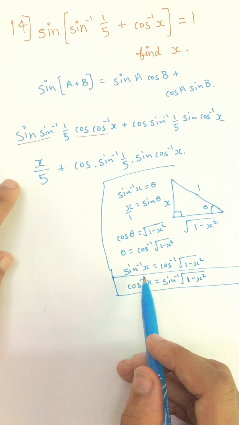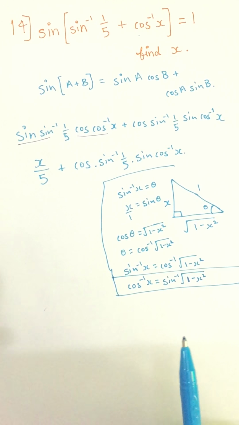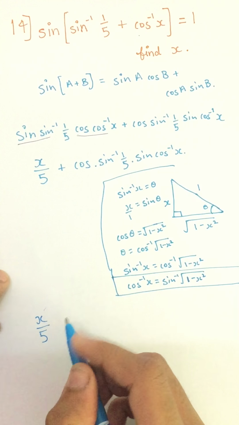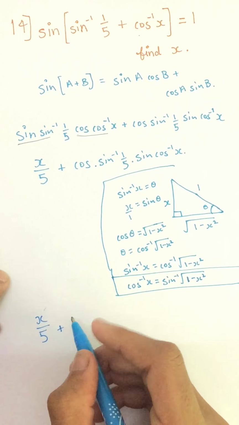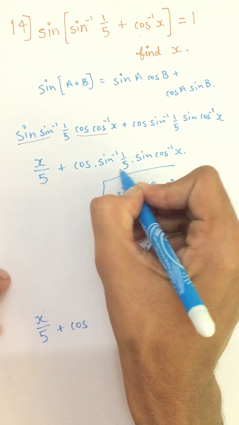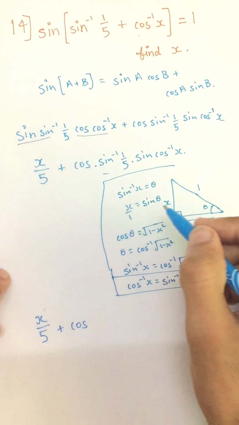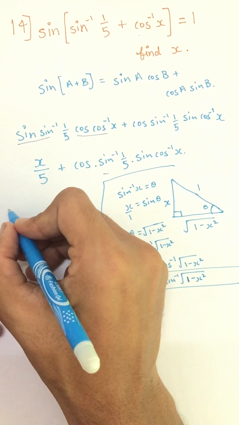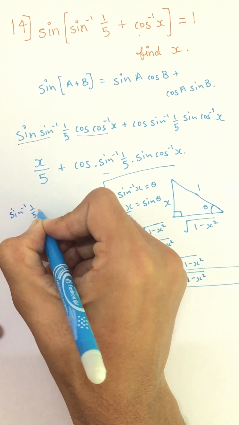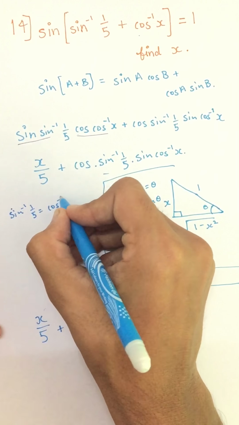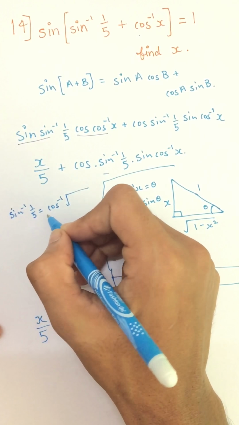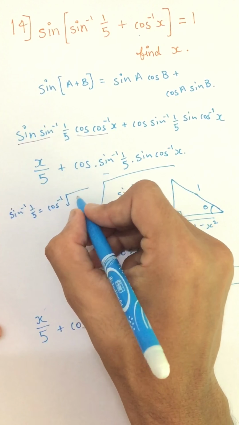Now friends, in my equation I can put x upon 5 plus cos of, now I am going to write this sine inverse 1 by 5 as, let me write it down over here. Sine inverse 1 by 5 will be equal to cos inverse of under root 1 minus 1 upon 25, which is nothing but 24 by 25.